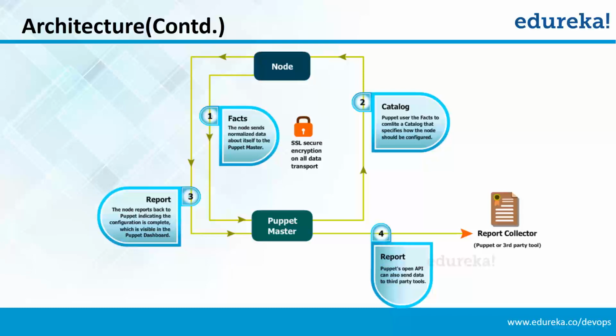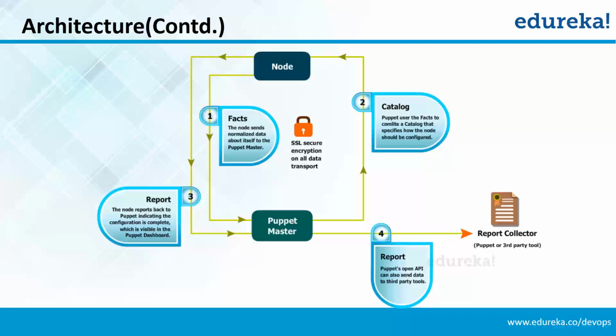Typically, how this really works is that when a client, a node, establishes a connection, it sends certain information about itself to the Puppet master.